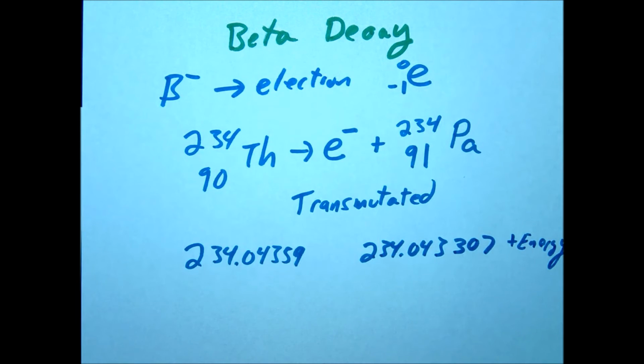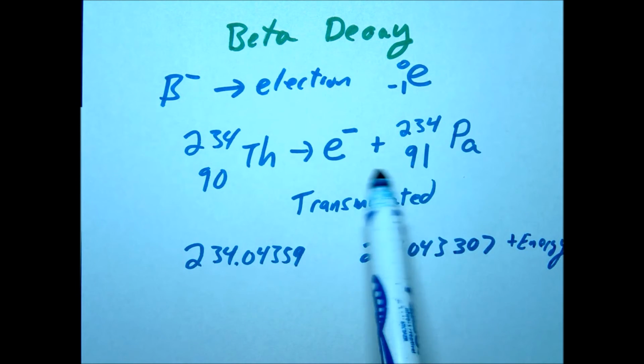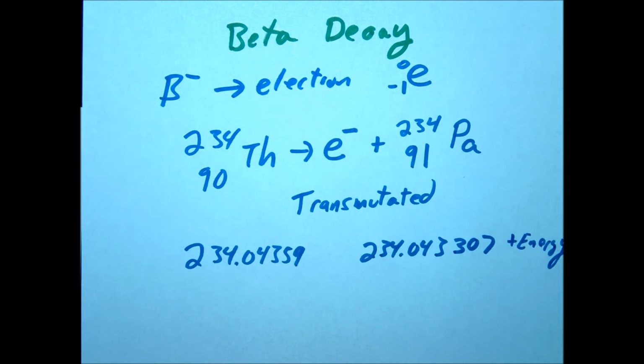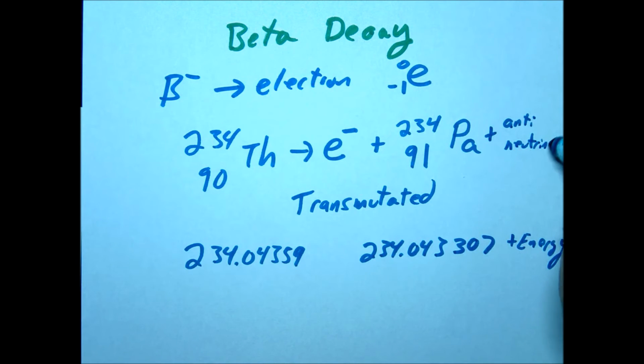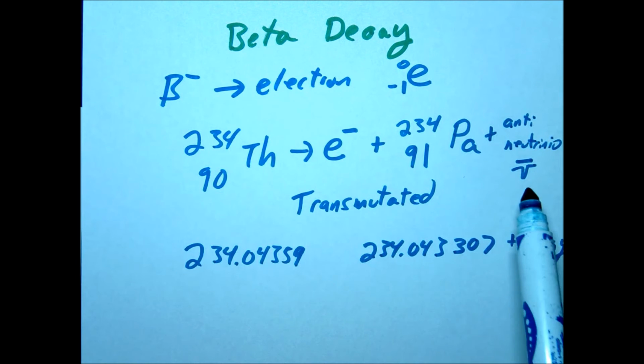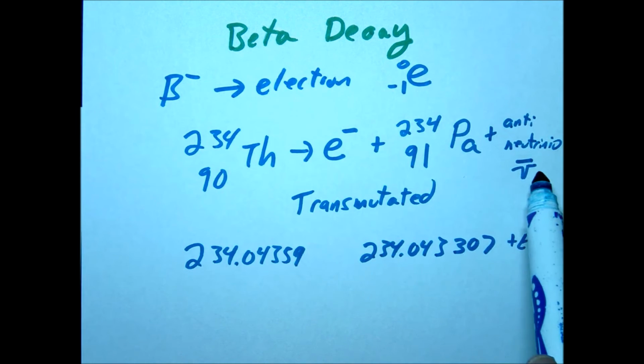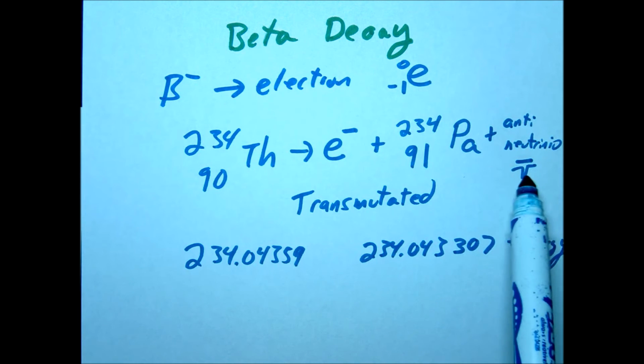Okay, now last video didn't talk about this, but there is another piece to this, which is called the anti-neutrino. Symbol looks like this. And basically this is just a very, very tiny charge, small mass, and essentially it exists.